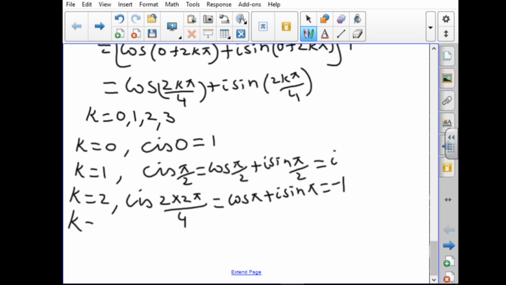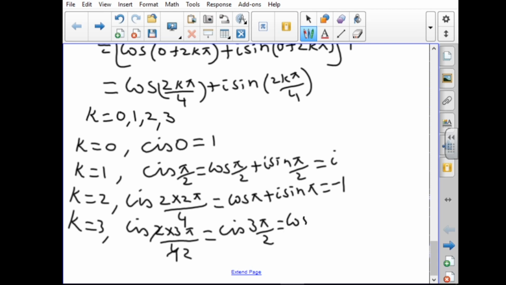And k is equal to 3, cis 2 into 3 pi by 4. So it is equal to cis, 2 goes here 2 times, so you get 3 pi by 2. So 3 pi by 2 is cos 3 pi by 2 plus i sin 3 pi by 2. Cos 3 pi by 2 is nothing but cos 270.